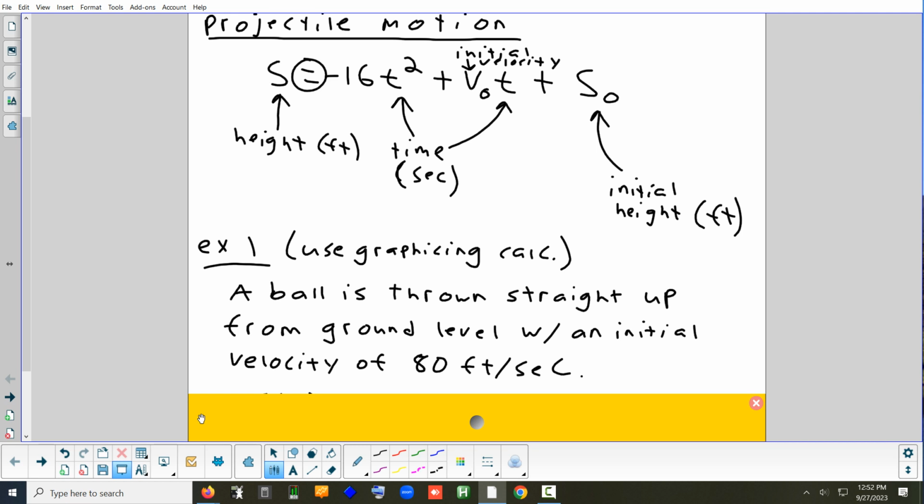So the formula has a couple variables you need to know: initial velocity and initial height. What's my initial velocity? 80. What's my initial height? 0. So if you fill in those two values into the formula up above, can you tell me what the right-hand side would look like?